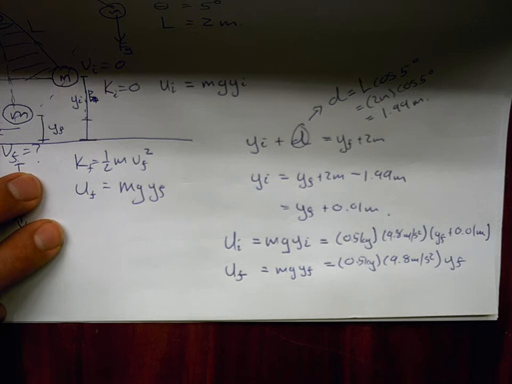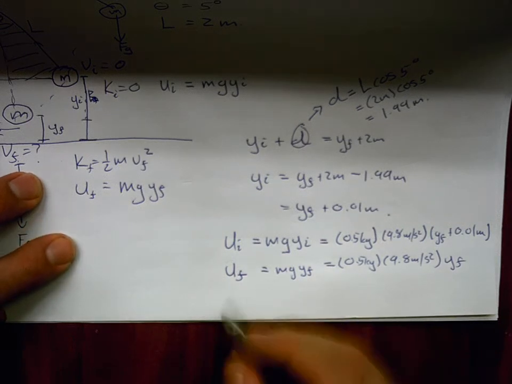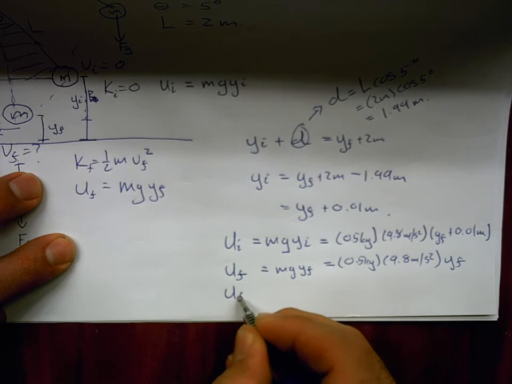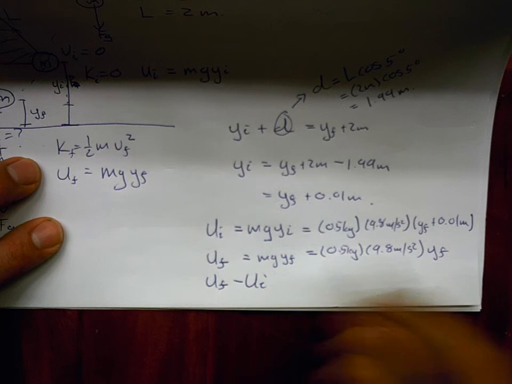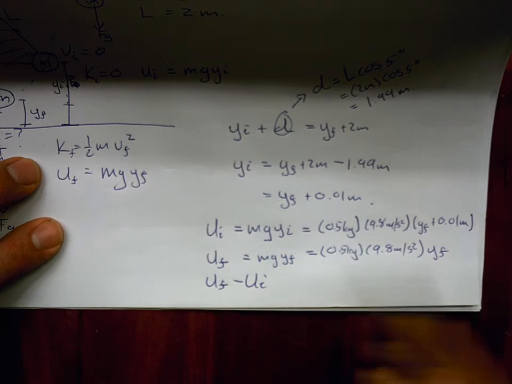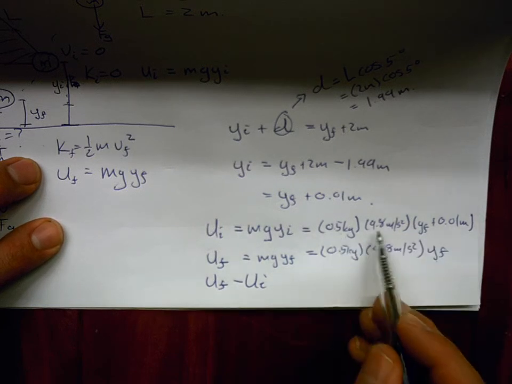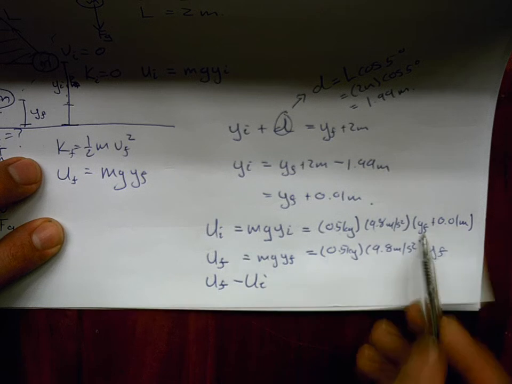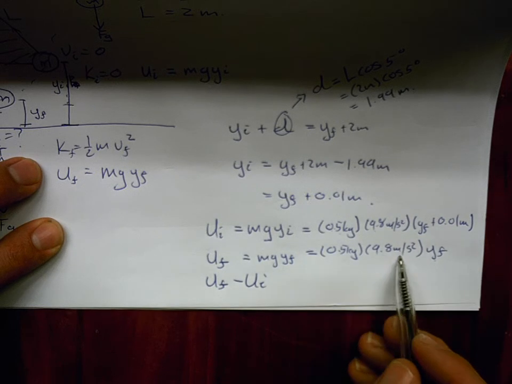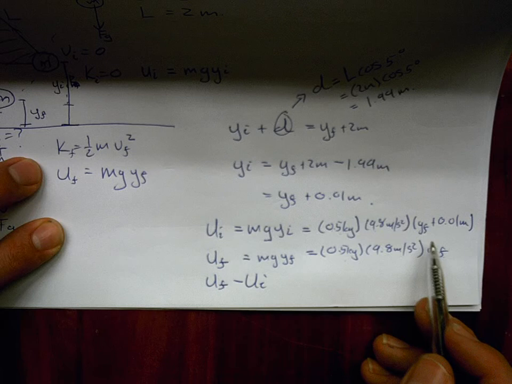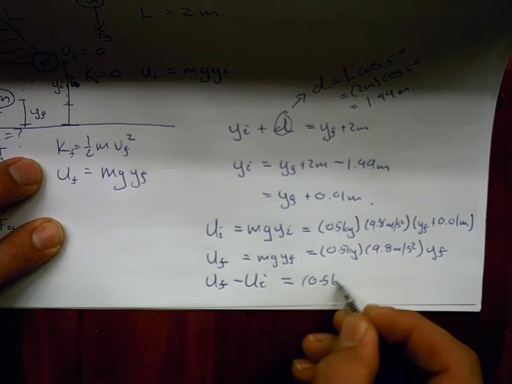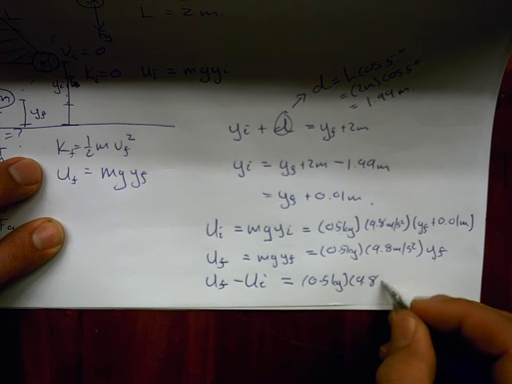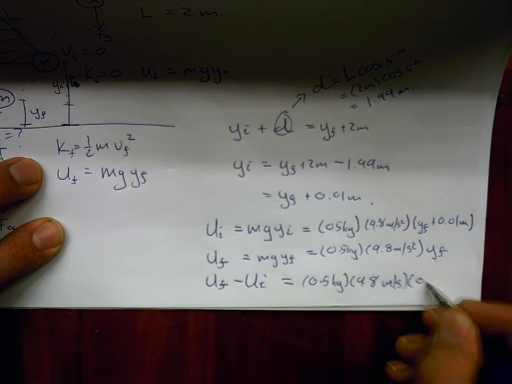So we can already calculate the difference between the initial and final potential energies. So the final potential energy minus the initial potential energy is this minus that. So here we've got 0.5 times 9.8 times y final. We subtract 0.5 times 9.8 times y final. So those two terms cancel, and what we're left with is 0.5 kg times 9.8 meters per second squared times 0.01 meters.